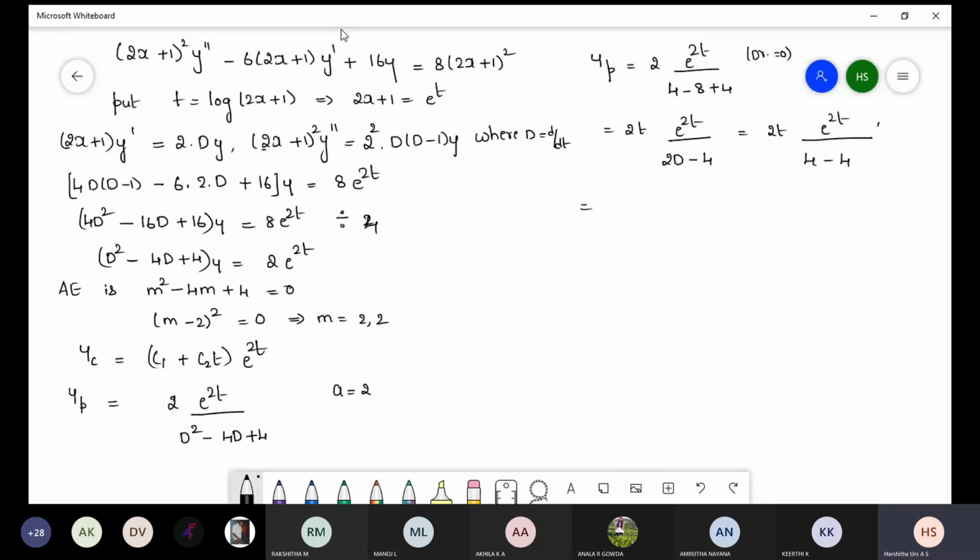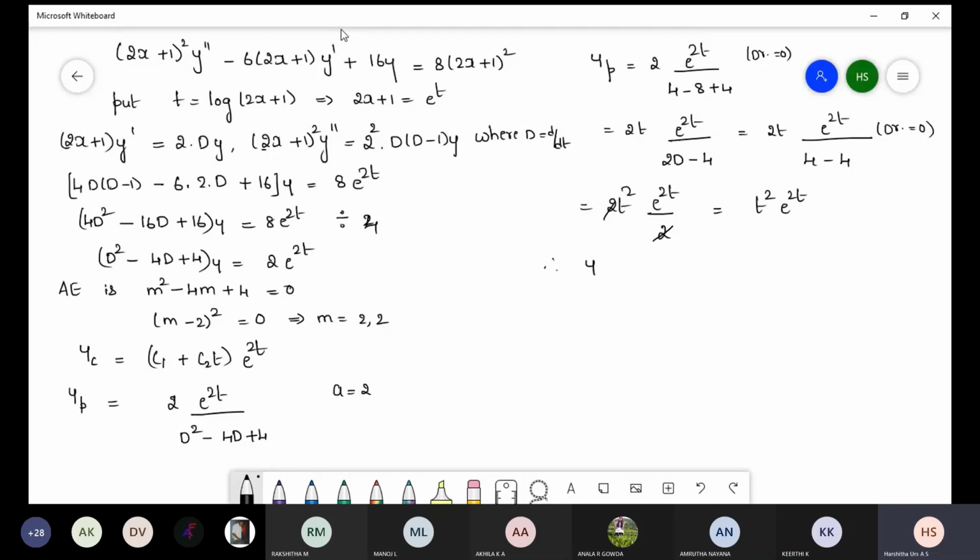Again the denominator here comes 0. So 2t e power 2t, again differentiation of the denominator is 2. So we get here t square into e power 2t.